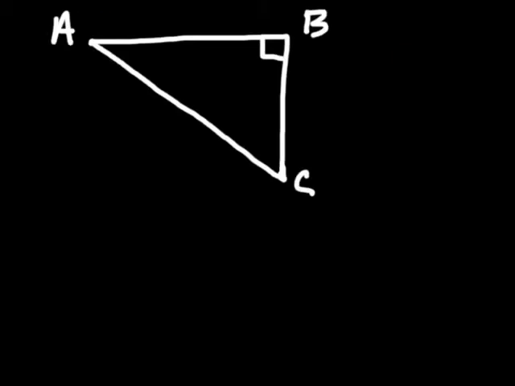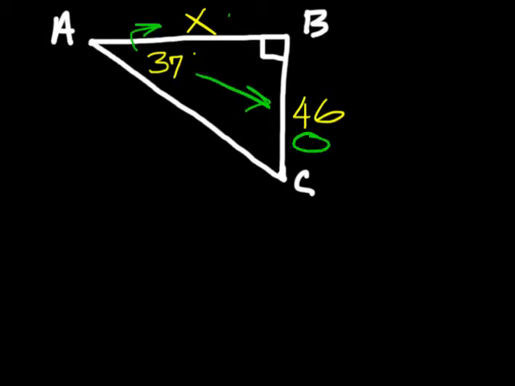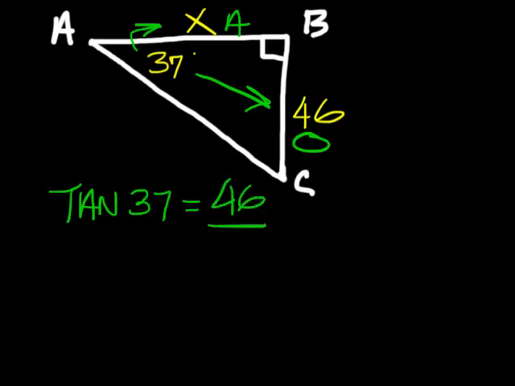Practice problem 3. In this problem we have a 37-degree angle. This is 46 and this is x. Solve for x and round to the nearest tenth. The solution for the practice problem: this is opposite, this is adjacent, so it's tangent 37 equals 46 over x.